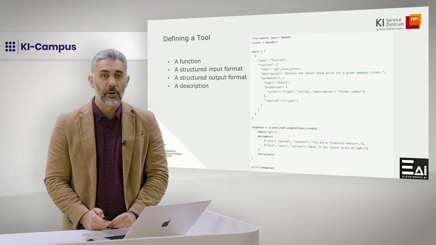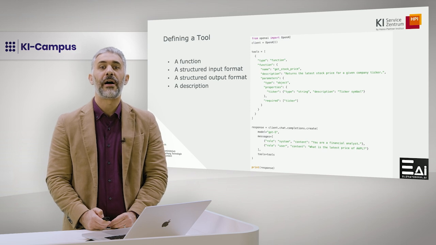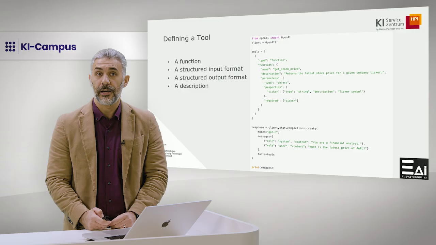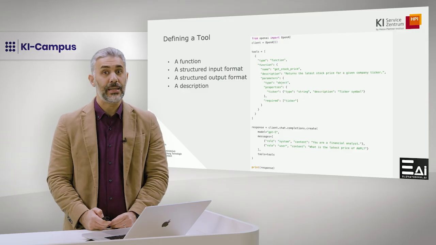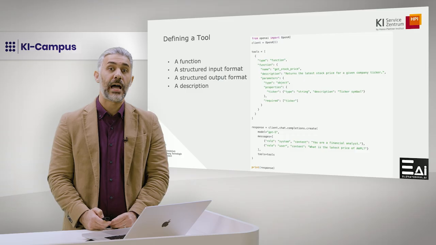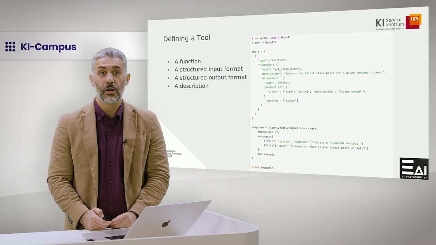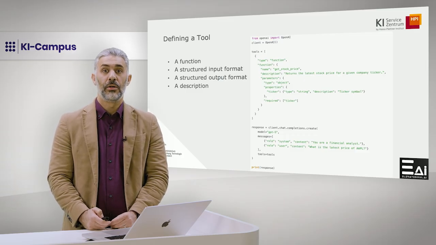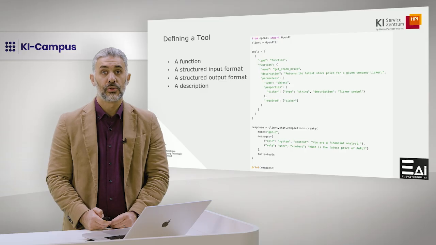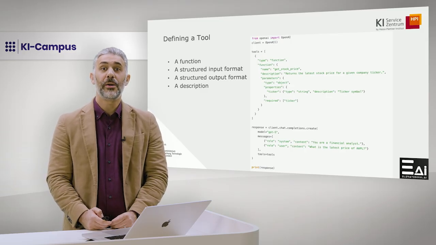In practical terms, a tool is defined by 4 parts: a function, what the tool does; a structured input format, what information it needs; a structured output format, what it returns; a description, written in natural language so the model knows when to use it. The description matters.